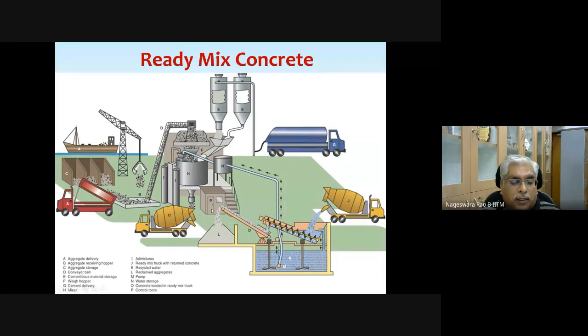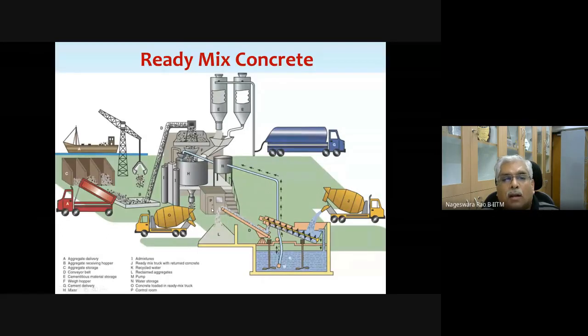N is water storage, and O is the concrete loaded truck, the ready mix truck, and that is nothing but this one, and it will go to the construction site, and then return back. And P is your control room.